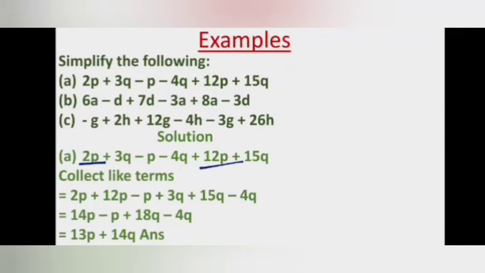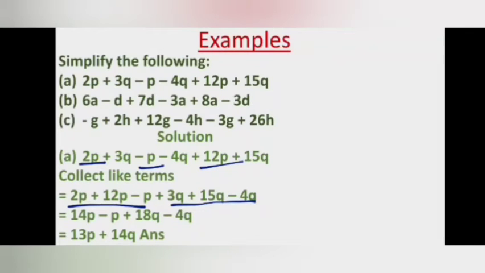Now that we have exhausted the plus terms, we follow with the same p because we have not finished the p, which is minus p. Then plus 3q plus 15q followed by minus 4q. So it has been arranged, and we're going to take them one after the other.